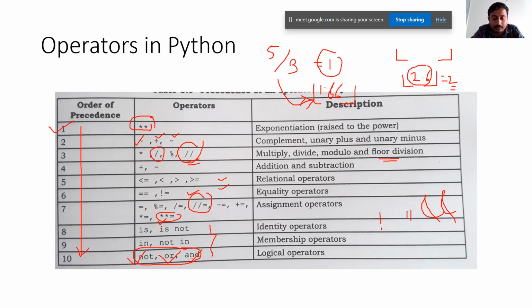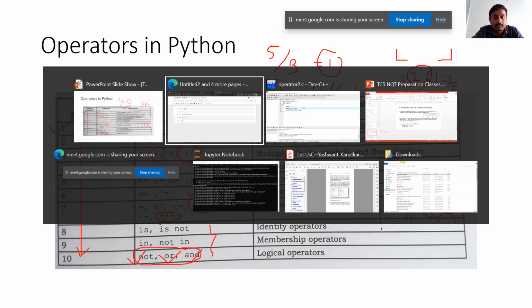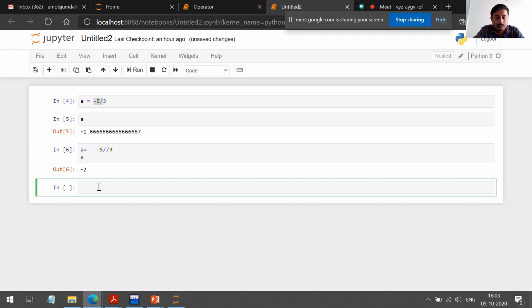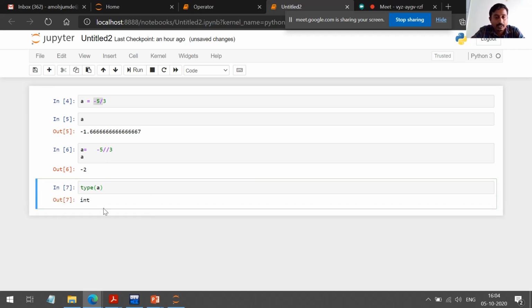What are is and is not? Let us see. Let me add a new line here. If I use the type function to get a type, the type of a is integer. So if I write is int, I am now checking whether the type of a is integer.